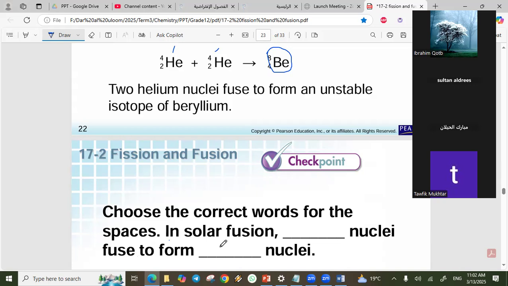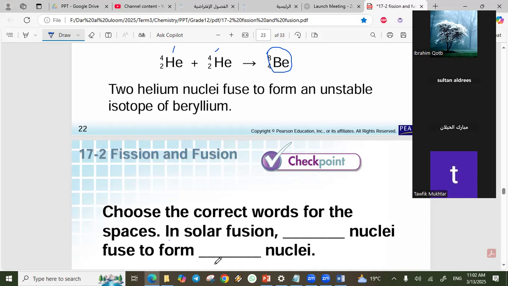Okay, but this is in the future. I need what happens now in solar fusion. Hydrogen nuclei fuse to form what nuclei? Oxygen. Mubarak said nitrogen. Hydrogen fuse to form oxygen. Is this correct? I don't think so.